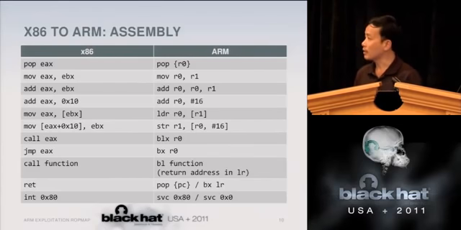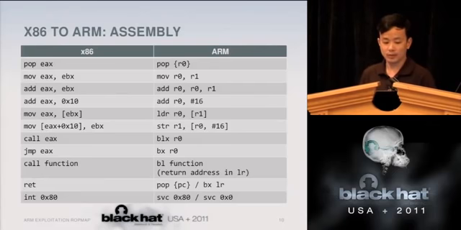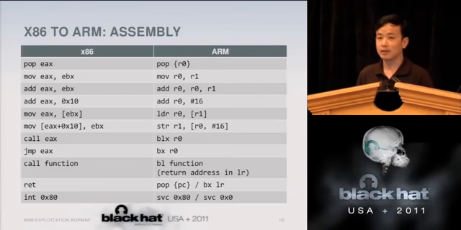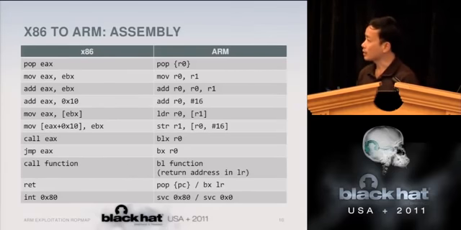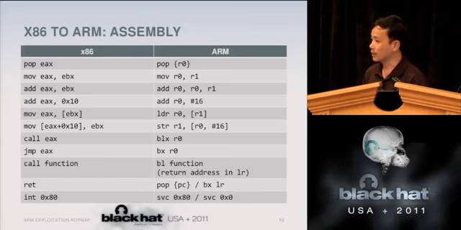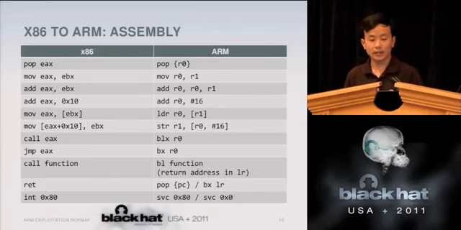In x86, we just have the move instruction, which moves a value from memory to register or vice versa. But in the ARM architecture, there are two different instructions: LDR to load a value to a register, and STR to store a register to memory.